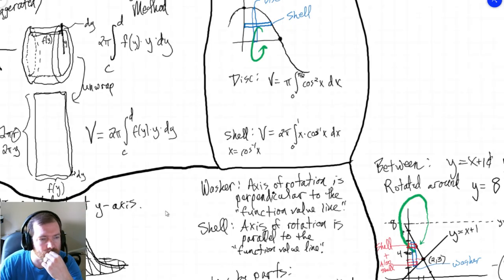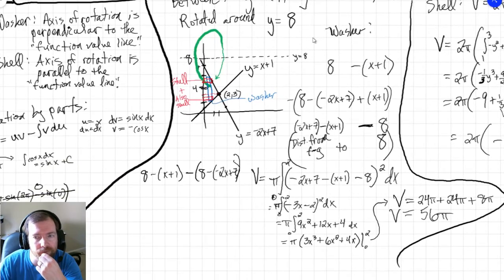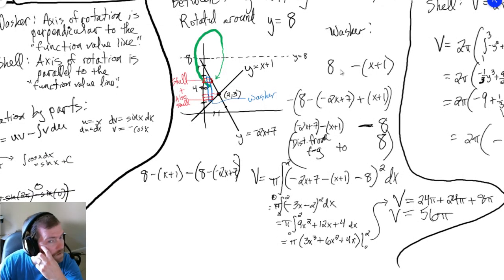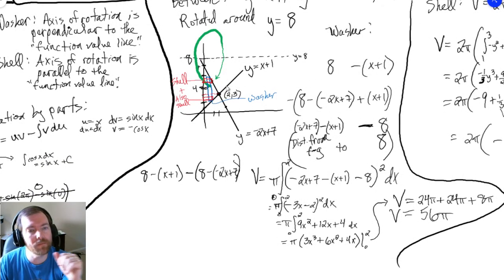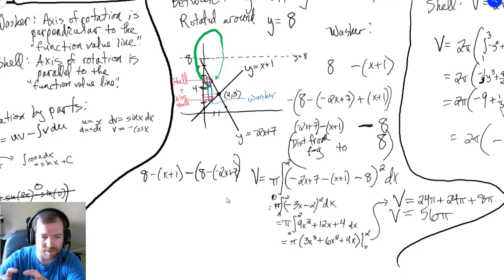Right, the actual washer method is not all of this stuff squared. It's the individual f of x and g of x individually squared.